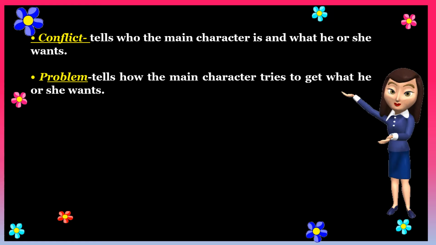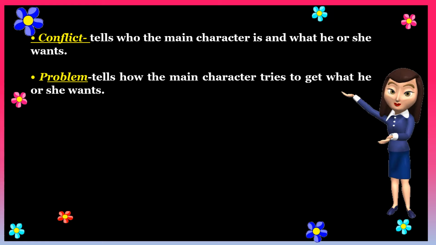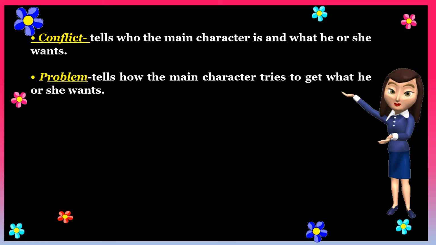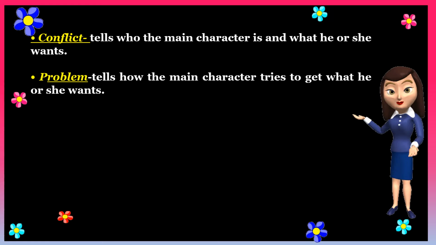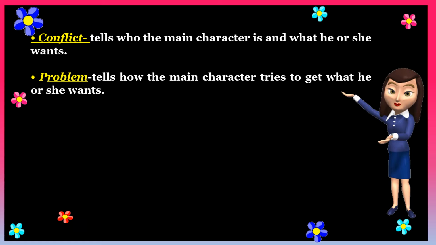So in our story again, the problem was, how did she try to get what she wants? She left her babies on the nest. Alright, and she tried to look for food.